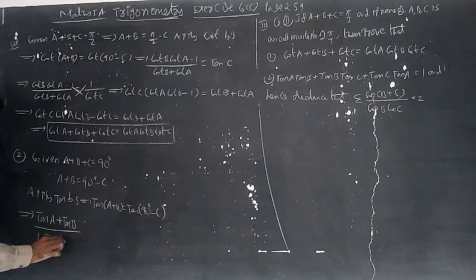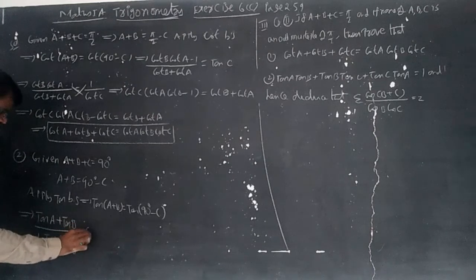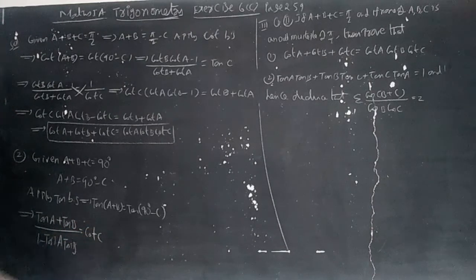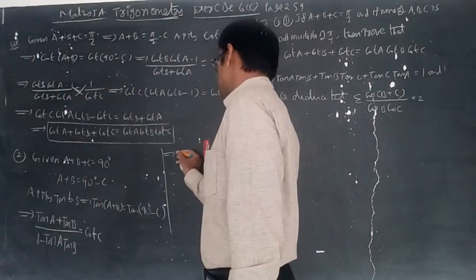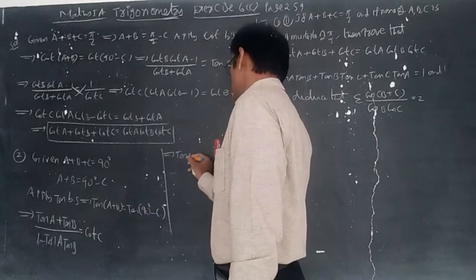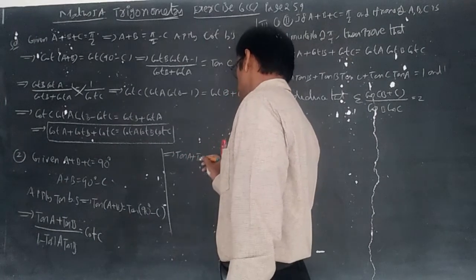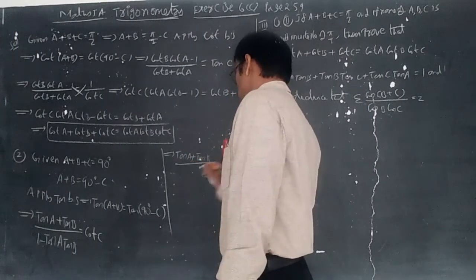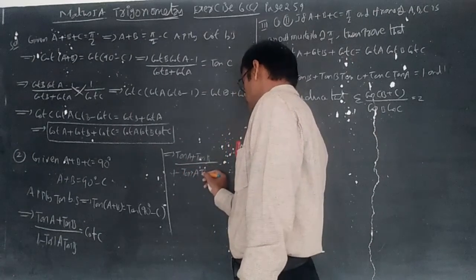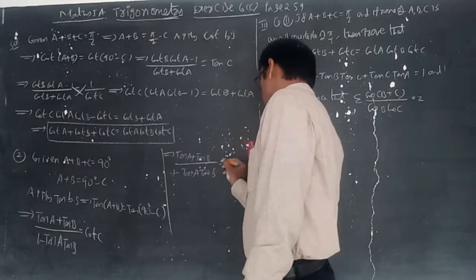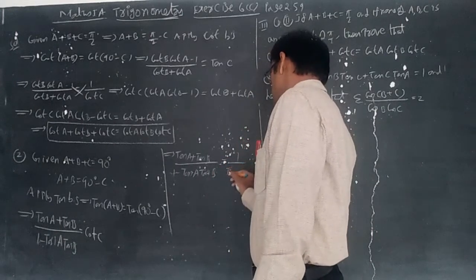Tan a plus tan b by 1 minus tan a tan b is equal to tan of 180 minus c formula, cot c. That implies tan a plus tan b by 1 minus tan a tan b is equal to 1 by tan c.